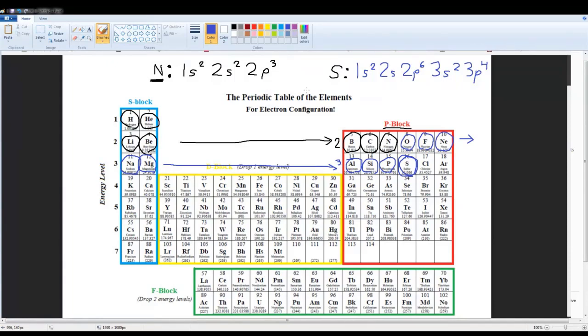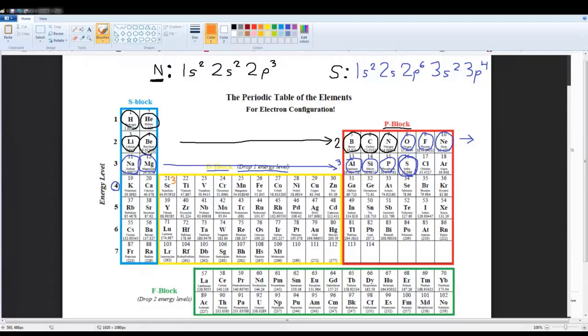All right. So now, at this point, I want to talk about why it is that we end up seeing this. You might have seen this little sign in the d block. It says d block drop 1 energy level. That means if this says 4, then this over here is going to be the 3d.